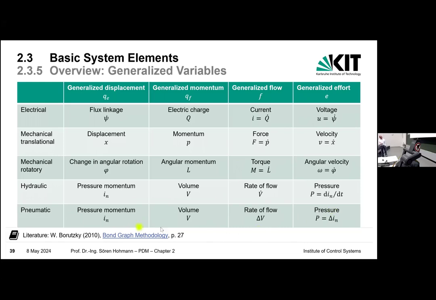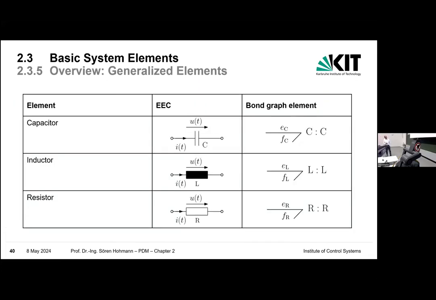Hydraulic as well as kinematic. I put it here already in a delta notation because very often kinematics depend on some sort of linearizations, and you can do it in that way. So again, the generalized components.